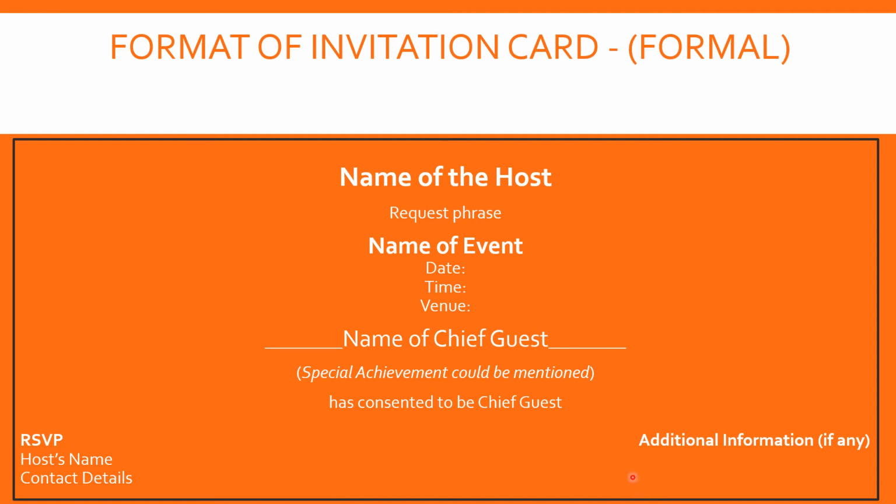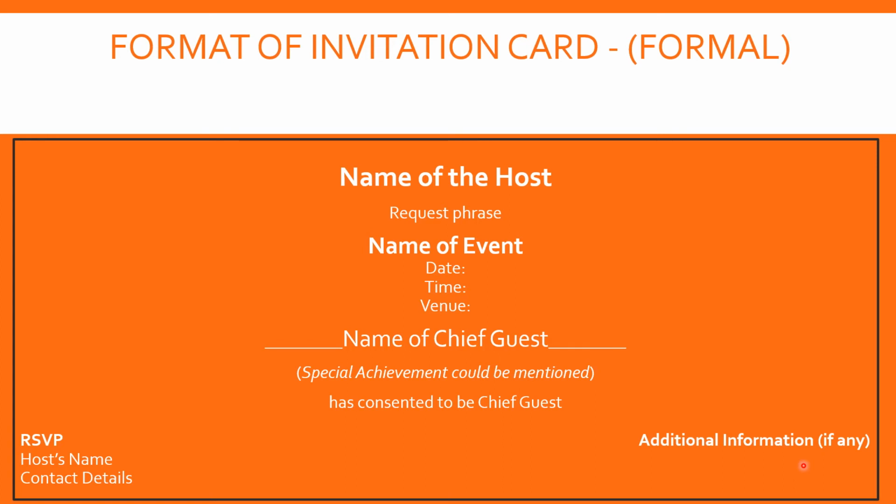If you may observe, to the right hand side of the card at the bottom, you see additional information, and then in bracket we have added "if any," because it depends from person to person, that is from host to host, if they wish to add any kind of additional information.